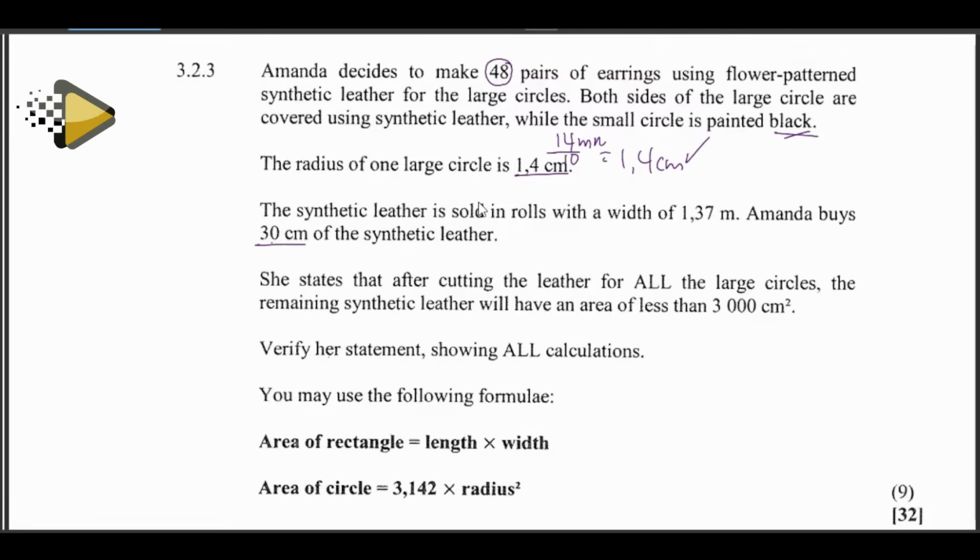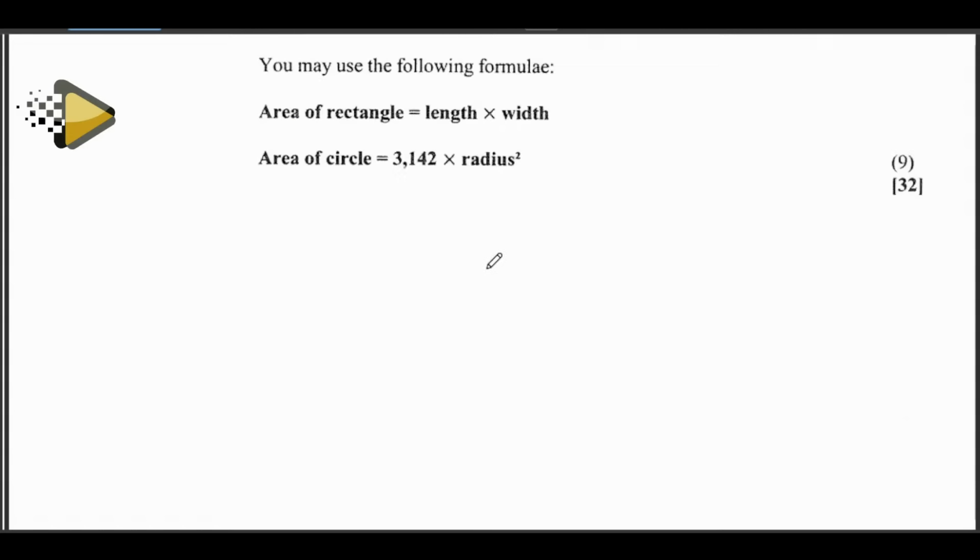She states that after cutting the leather for all the large circles, the remaining synthetic leather will have an area of less than 3,000 centimeters squared. So now, 9 marks. First and foremost, we know 48 pairs.